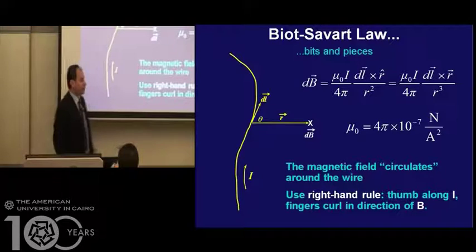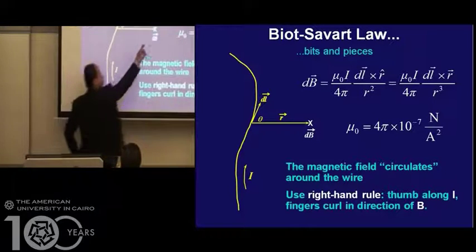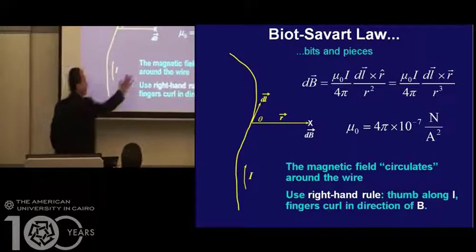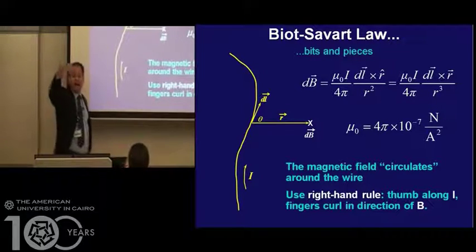Okay. What is the direction of the magnetic field at that point in space? So simply we go back to the right hand rule.